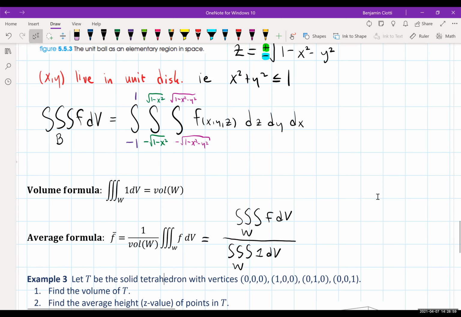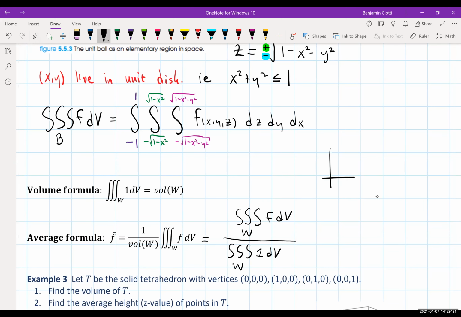Why is the triple integral the volume formula? Isn't the double integral supposed to be the volume formula? The double integral of a function is the volume under the function. So this gives you another way to get the volume.